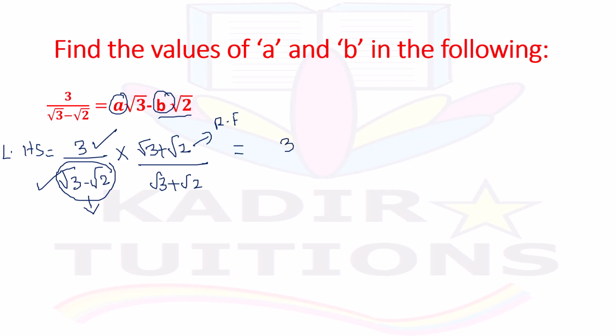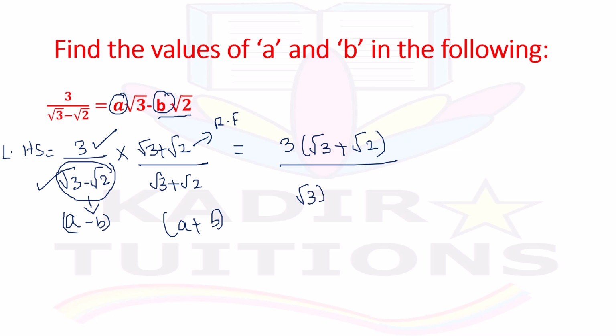What about the numerator? It's 3 into root 3 plus root 2, and divided by, now in the denominator see, it is of a minus b form and this is of a plus b form. Then what is the result of the algebraic identity? It is a square minus b square. Our a is root 3, so the whole square, minus b is root 2, so root 2 the whole square.